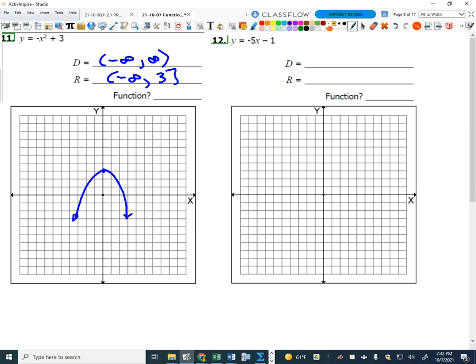What's the slope of the line? -5, right? So is it vertical or horizontal? No, right? It's got a slope to it. Any line that has a slope, if you go far enough in either direction, you could hit any x or y value, couldn't you? So this is just all reals and all reals, without even really having to graph the thing.